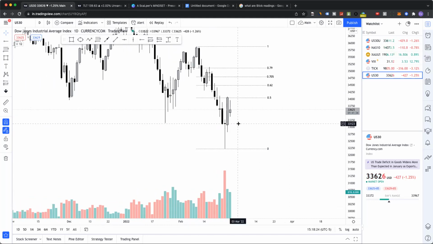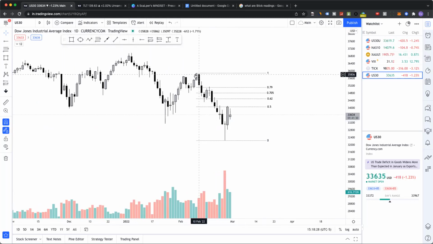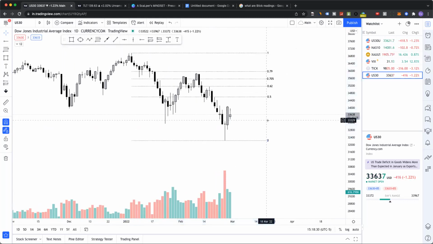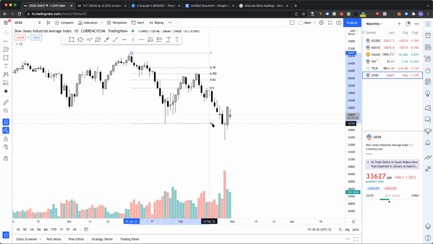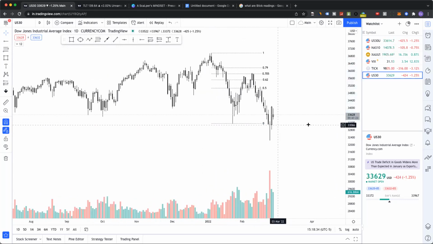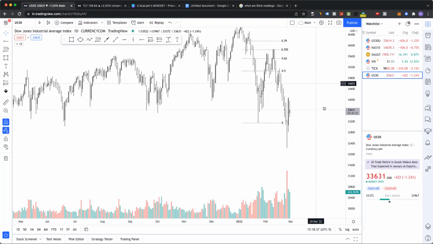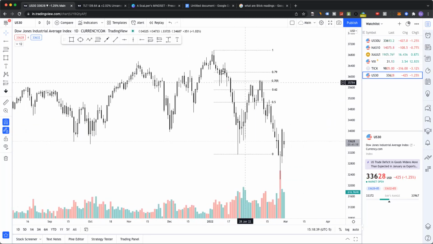Okay, you can see here from this range to this range, okay, sorry, from this swing point, not that swing point.